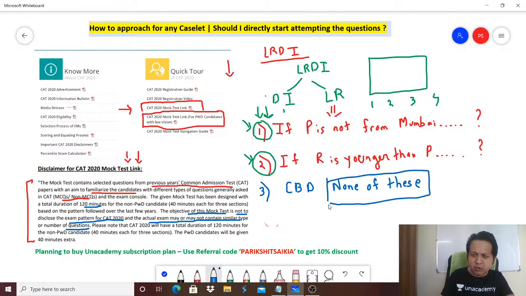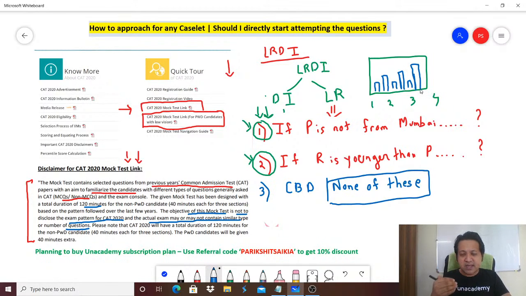Let me give you an example. There is a bar diagram. Let's say there are data for 7 years. And the question is, in which year was the percentage growth the highest? Now think about it.